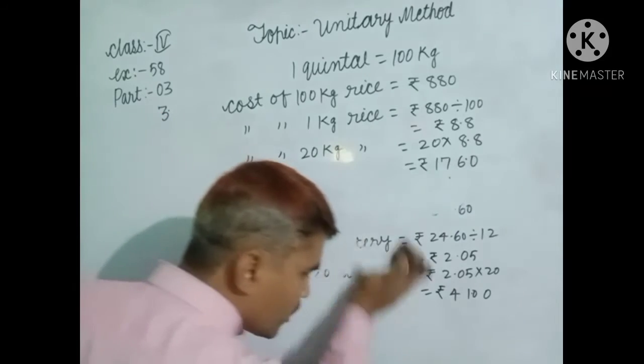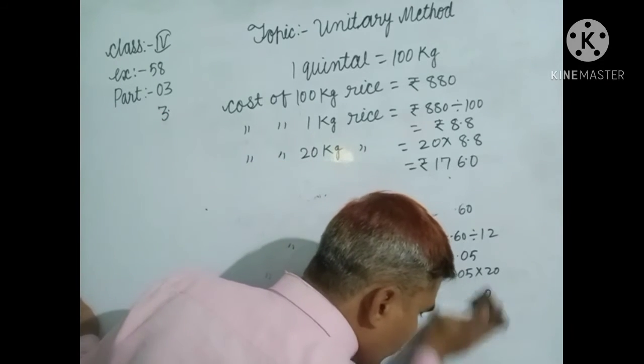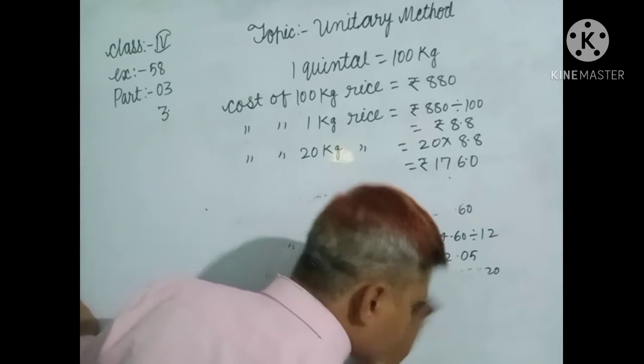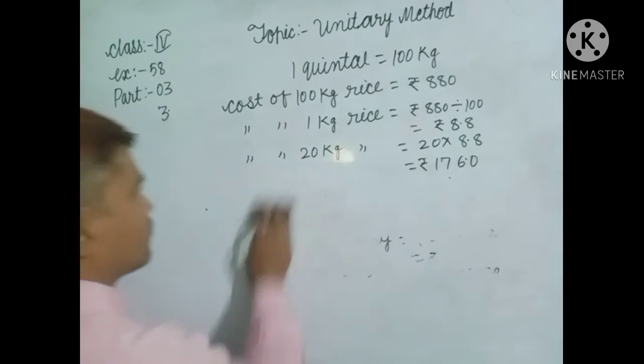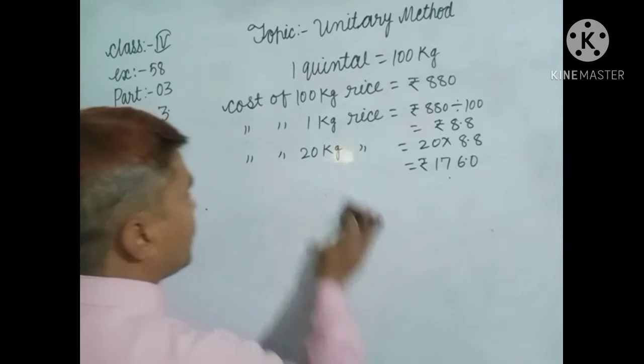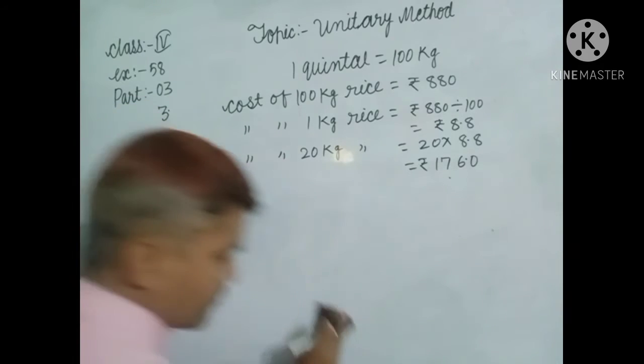What does question number 4 say? The total tuition fee collected from 12 girls of a class is 2,940. 2,940 fee collected by 12 girls.